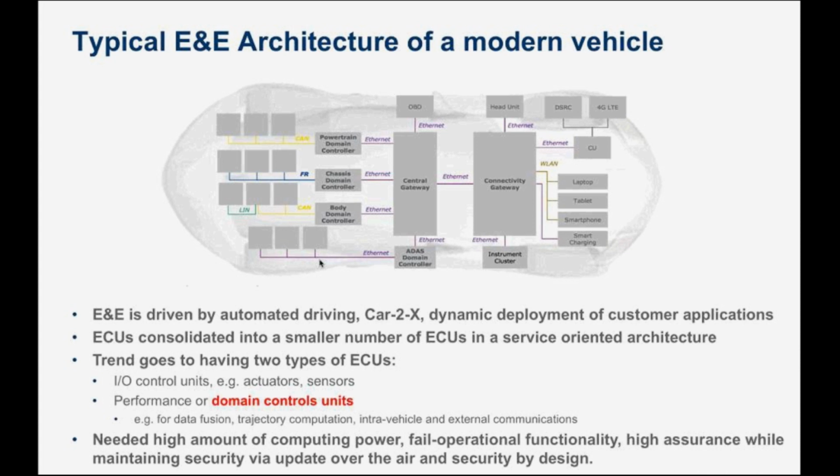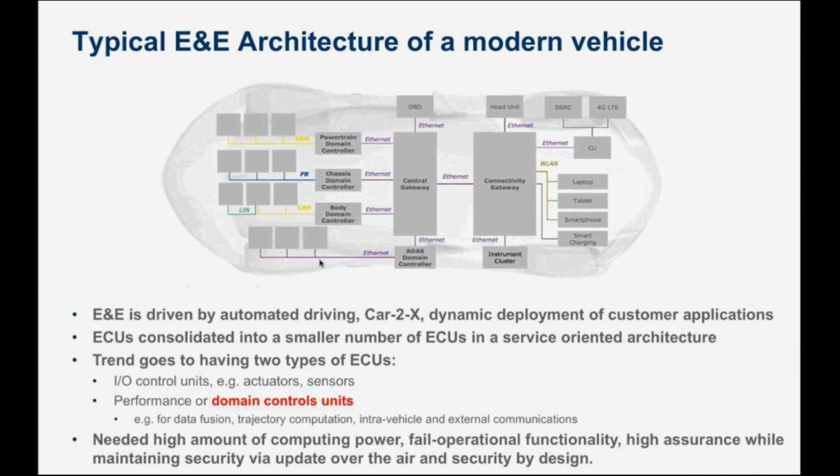So once the car is on the road and in use, we still want to do updates of the software. We want to add new functions, more functionality while the car is in use. So this is driving a lot of the ideas about the architecture that is in the car today.